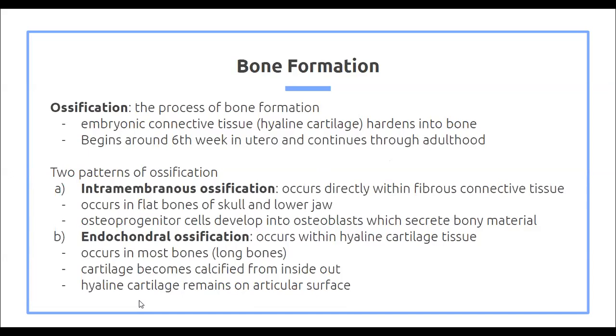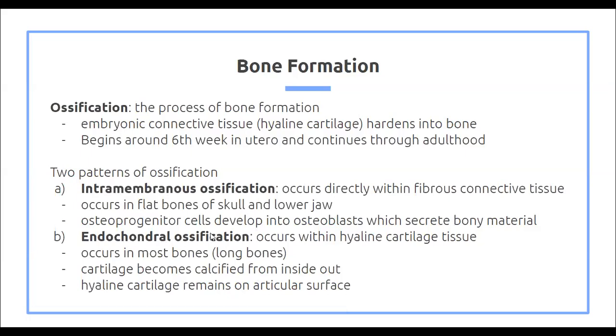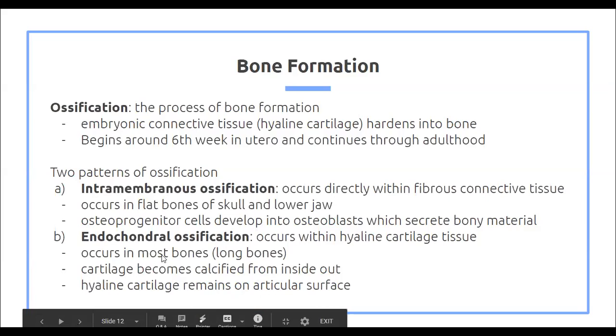The hyaline cartilage remains on your articular surface. To remember the difference: intramembranous ossification is in flat bones, and endochondral ossification occurs inside out, within mostly long bones.